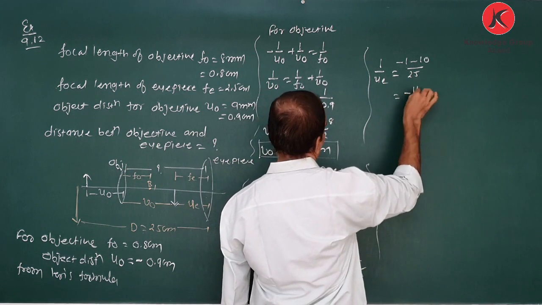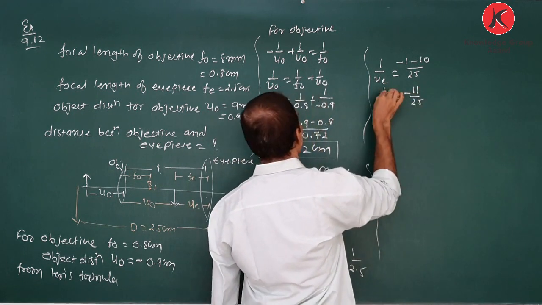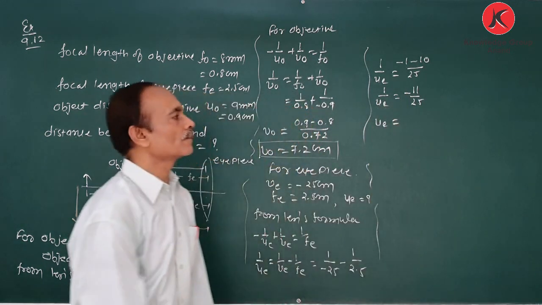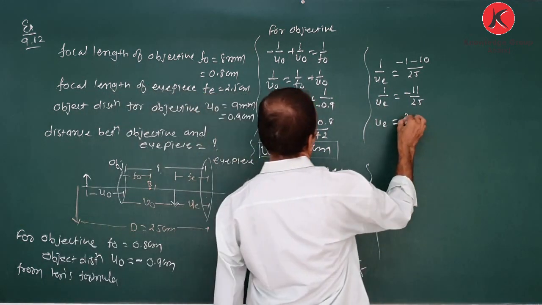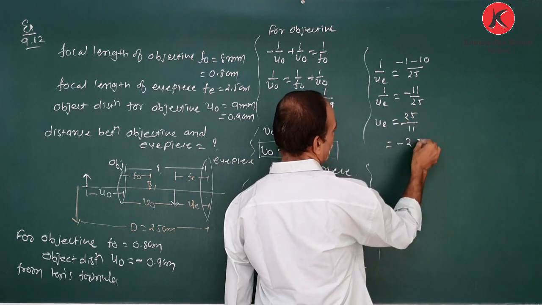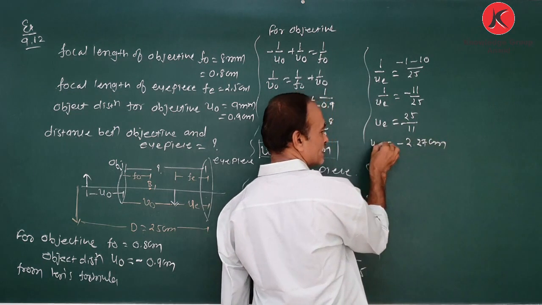Therefore, minus 11 by 25 is 1 upon UE. Therefore, UE is equal to minus 25 by 11, so it is equal to minus 2.27 centimeter.